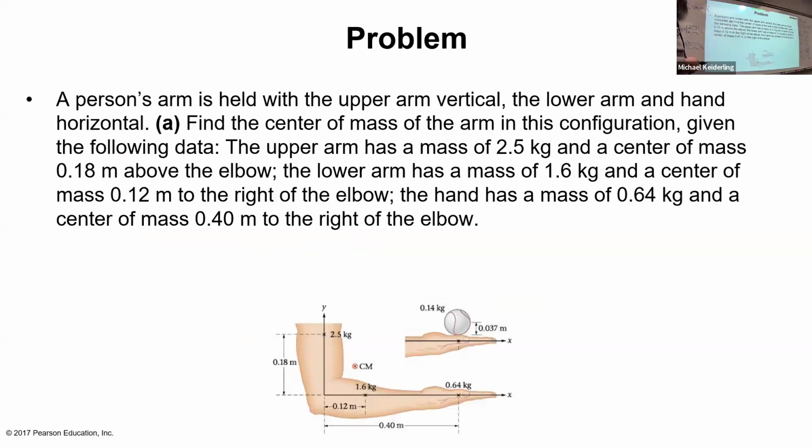Here's a problem of center of mass with some actual objects. A person's arm is held with the upper arm vertical, the lower arm and hand horizontal, like shown. So this is going to be a two-dimensional center of mass problem. For this, x center of mass is this formula.